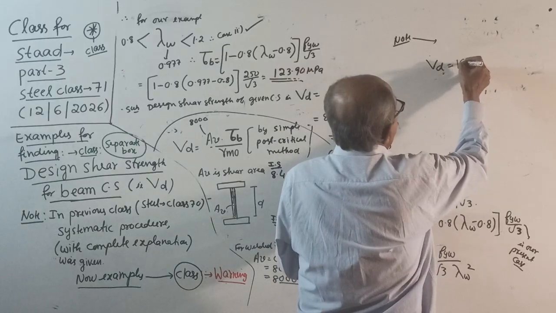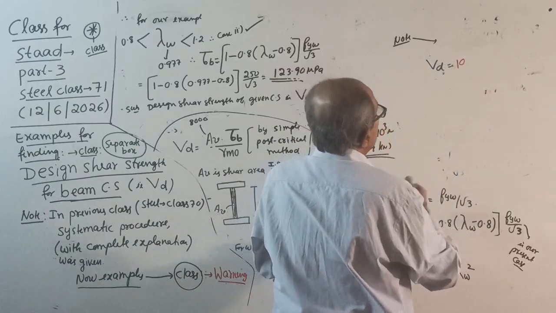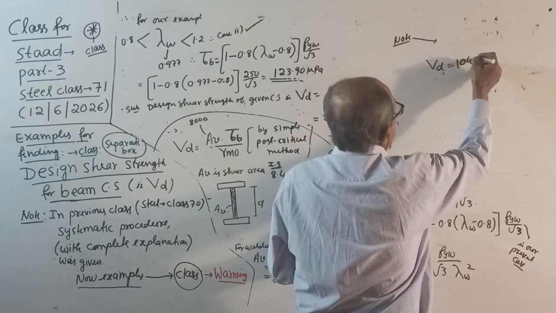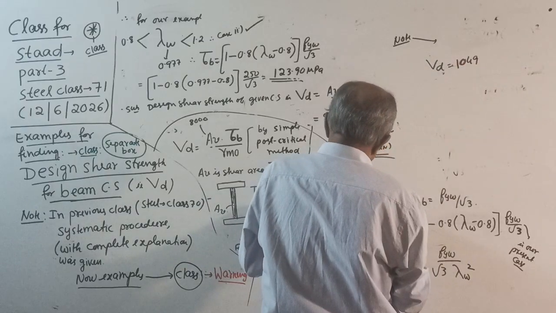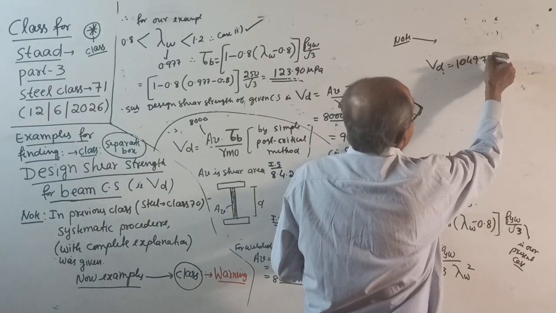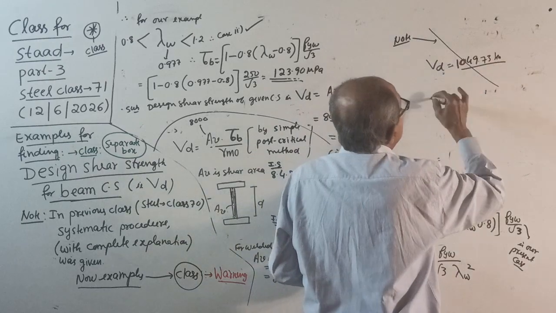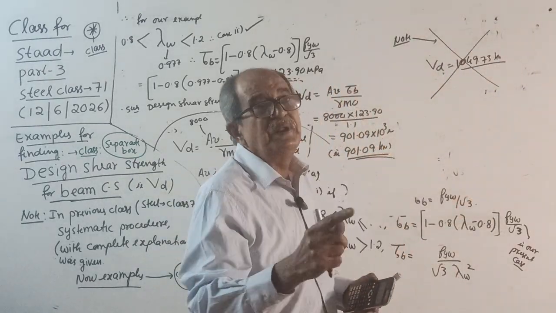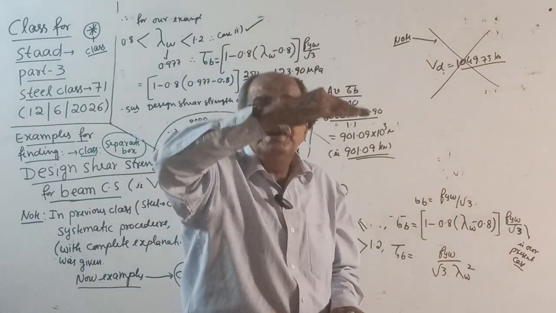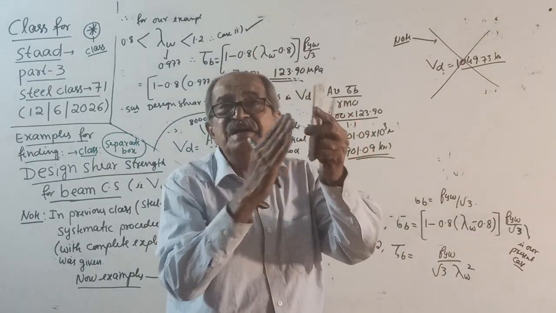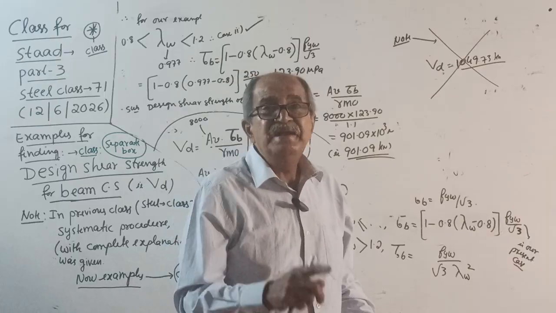1049.73 kilonewton. But no, this is not a correct answer. If web is not susceptible, suppose you reduce the depth of web and increase the thickness, maintain the same area.